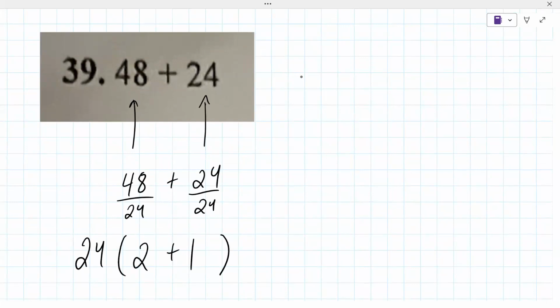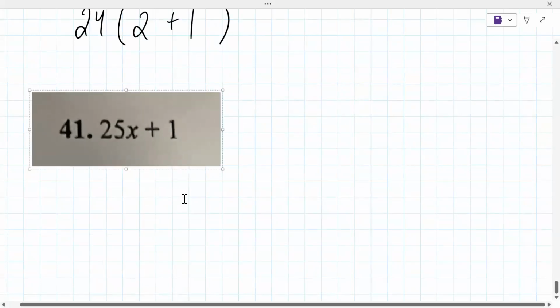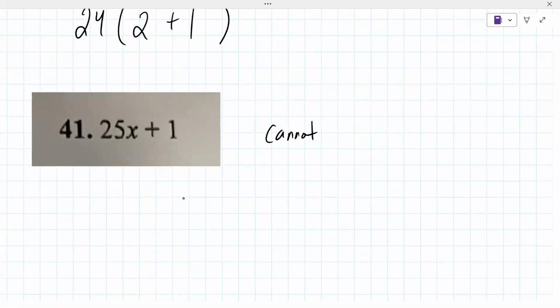Good. All right, 41 cannot be factored, which I guess you should be on the lookout for, that there might be one that does not work. Why can this not be factored? Because you can't multiply that by anything. Yeah, there's nothing that goes into 1 and 25 besides 1, and you don't write anything like that.